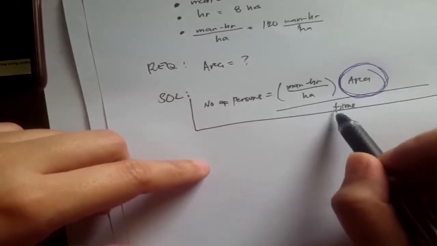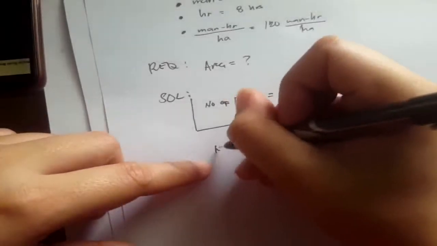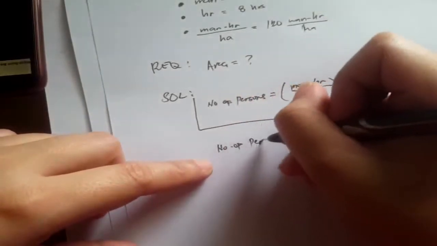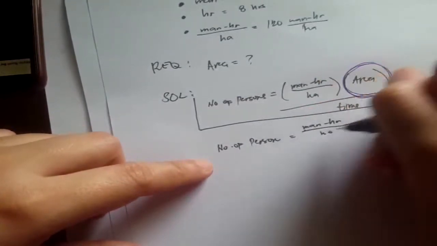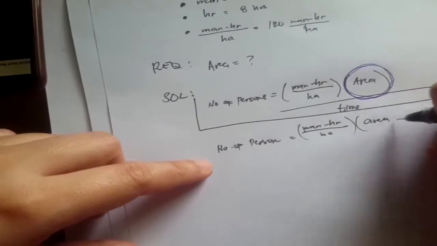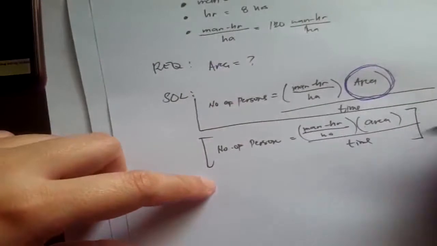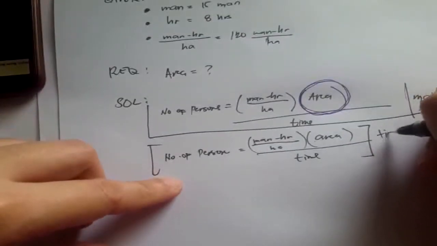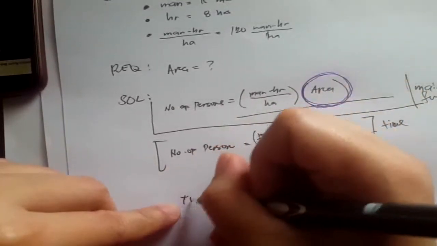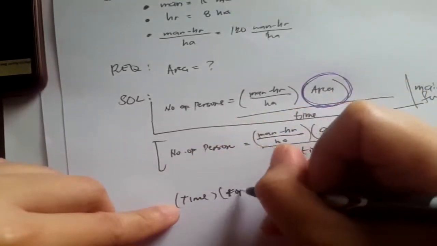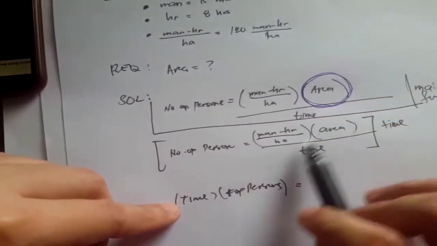In order for us to simplify, let us multiply both sides by time. Number of persons equals man-hour per hectare times area divided by time. Multiplying both sides by time, we have time times number of persons is equal to this whole function times time.